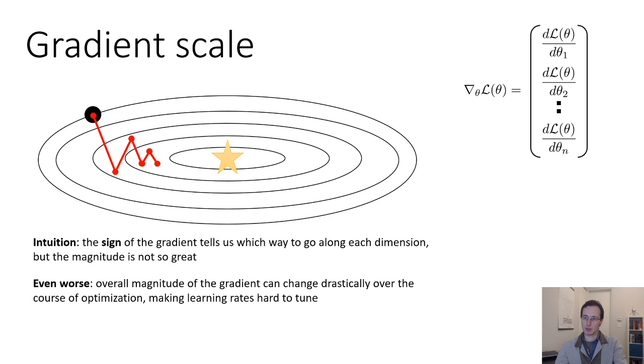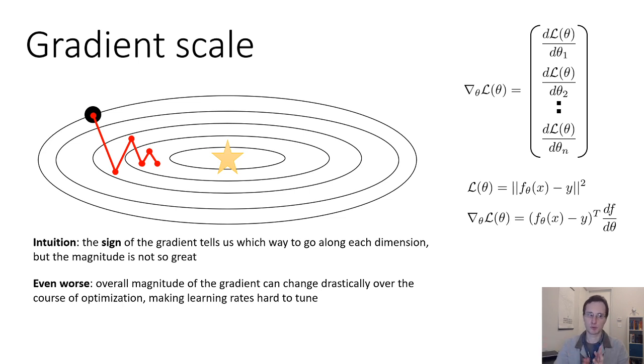Even worse, the overall magnitude of the gradient can change drastically over the course of optimization, which can make learning rates hard to tune. So here's an explanation of this. Let's say that we use the squared error loss if we're doing regression. The derivative of the squared error is the difference between f of x and y times df d theta. That's just chain rule.